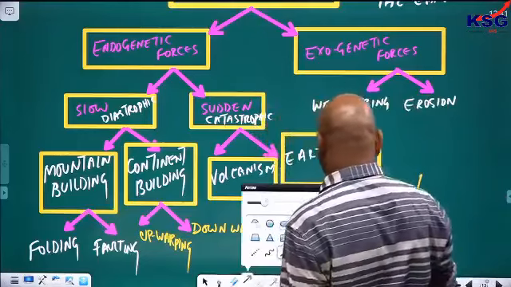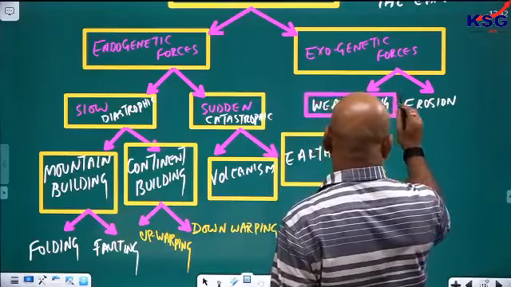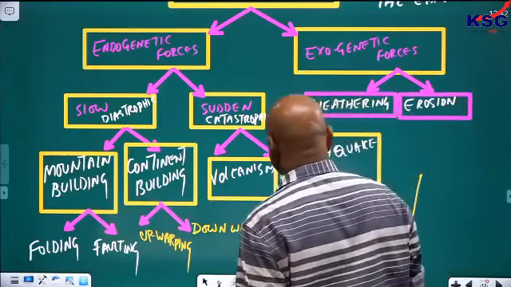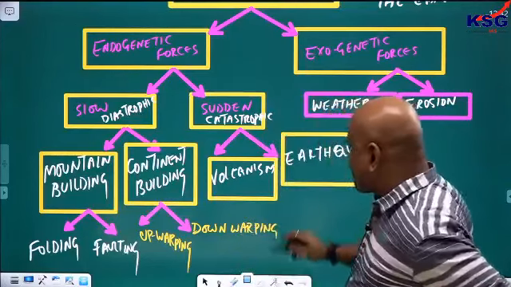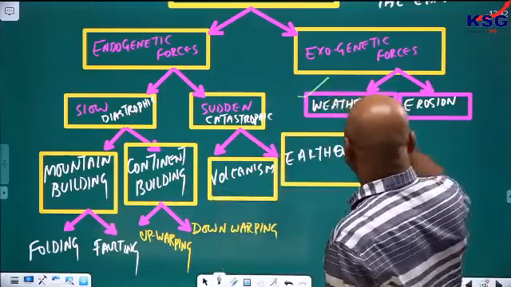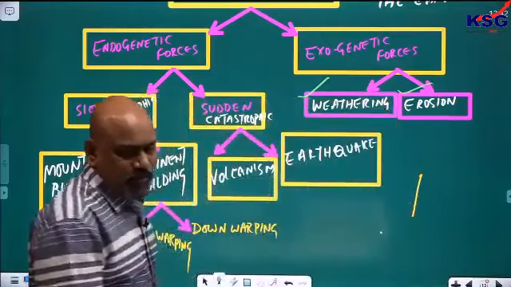Two most important things I would like to say here: weathering and erosion. In fact, today I will discuss this particular topic, and to discuss this only I tried to give you this diagram. This is weathering and erosion. These are exogenetic in nature.